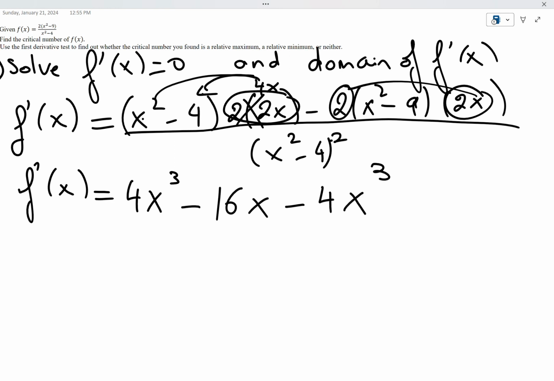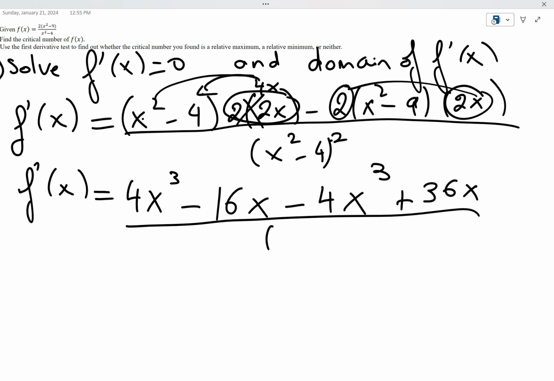And then negative 2 times negative 9 is 18, times 2x is going to be 36x, all over x squared minus 4 squared.